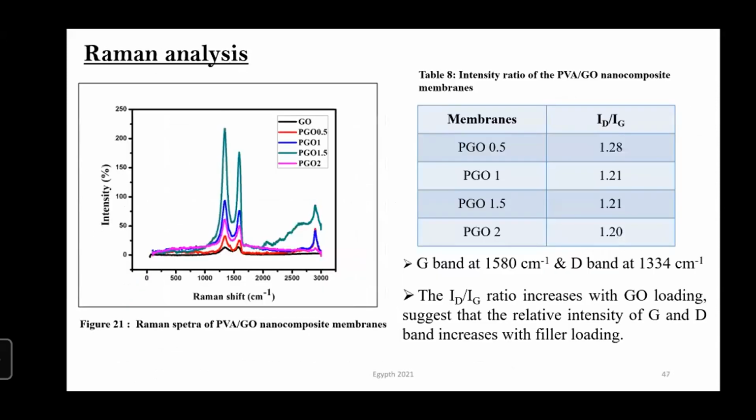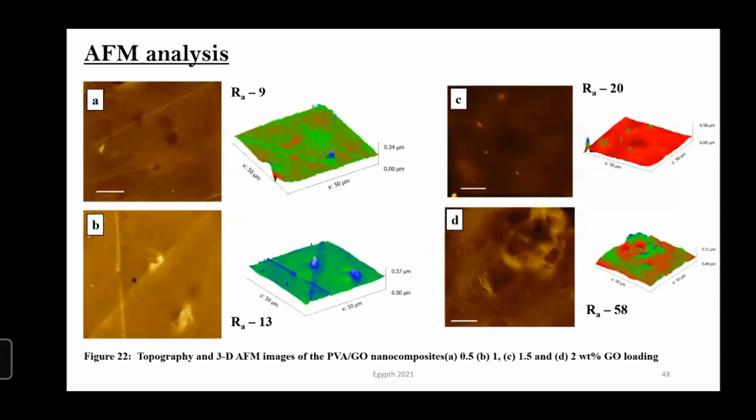The presence of graphene oxide is also indicated by the Raman analysis, which shows the typical G band and D band, and the ID by IG ratio is somewhat constant and decreases with the filler loading. G shows 1580 and D shows 1334. So it indicates the presence of graphene oxide or graphene layers in the cross-linked PVA nanocomposite.